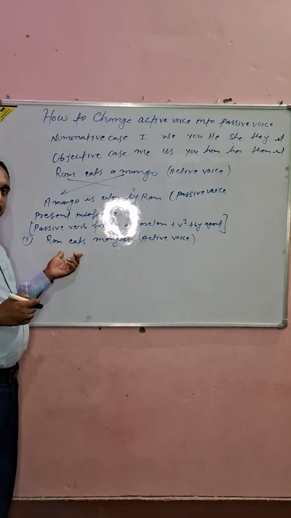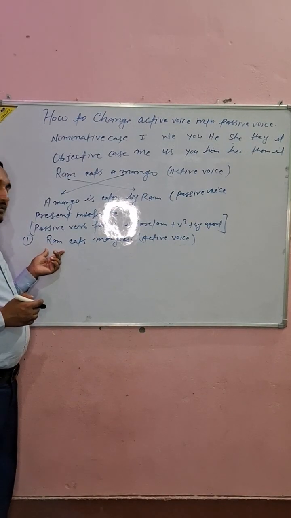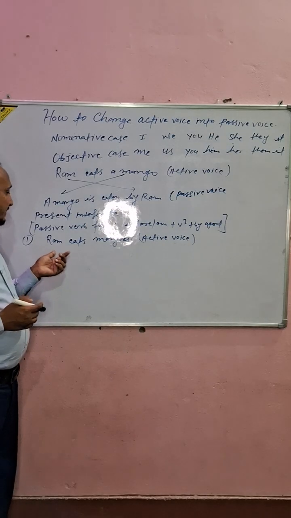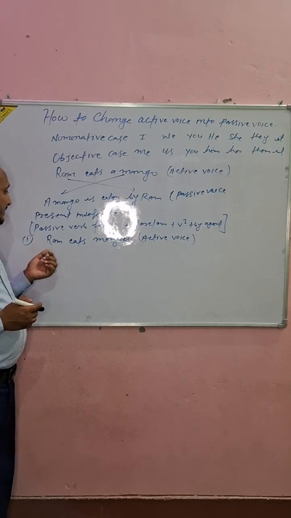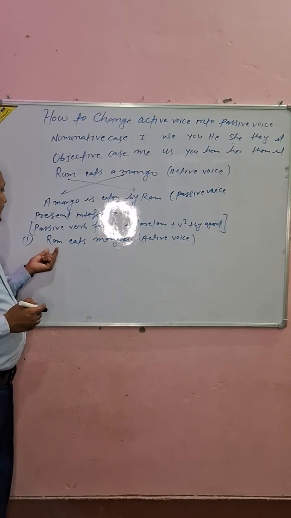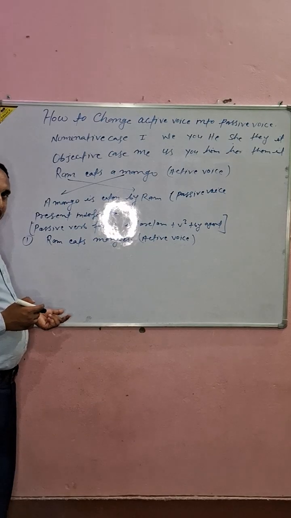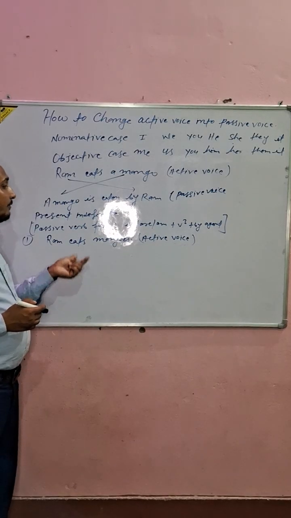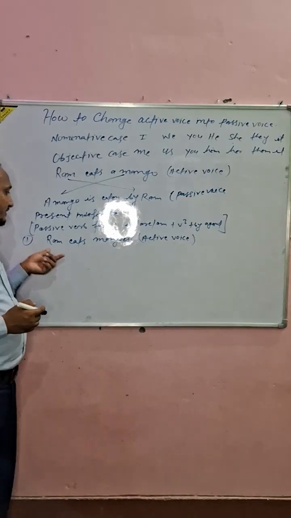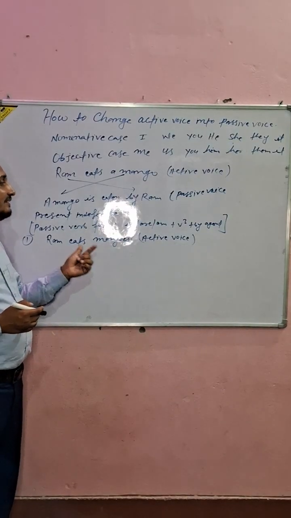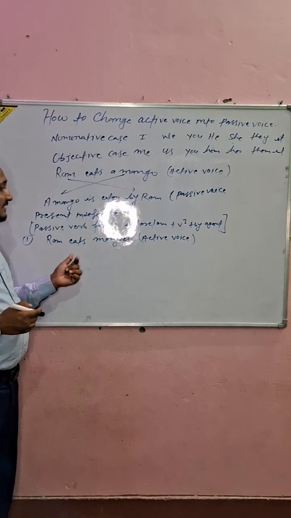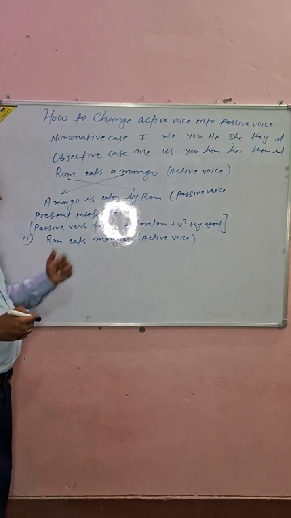This is the affirmative sentence. Here Ram is the subject of this sentence. Ram is the doer. Why is it the doer? Because Ram is performing the action of eating mangoes. That's why we can say this sentence is in active form or active voice.